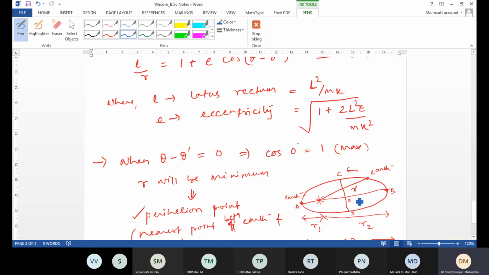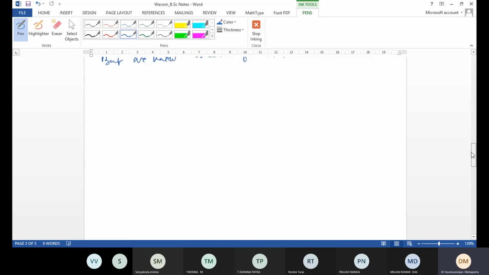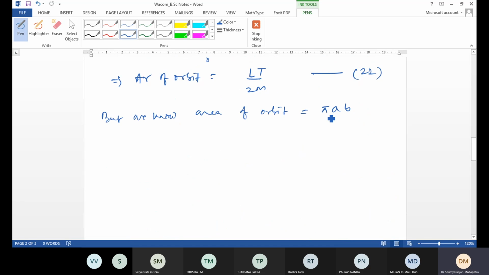Pi r square. So your r is not fixed. So once you take the perihelion point, again you take the aphelion point. So once you take r1, then r2, or you can say a and b. So pi r square can also be written as pi a b, pi multiplied with the semi-major and semi-minor axis, pi ab.